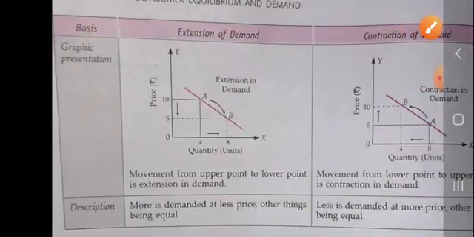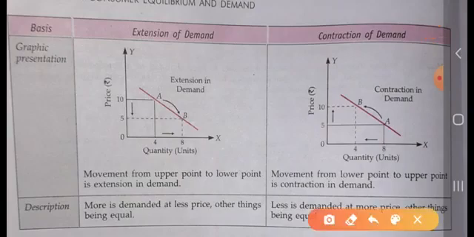When the price is 10, the consumer is consuming 4 units, at point A. When the price is decreased from 10 to 5, the consumer consumes more, from 4 to 8, and moves from point A to point B. It is called the extension of demand.